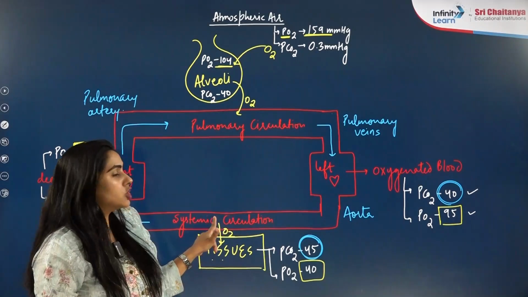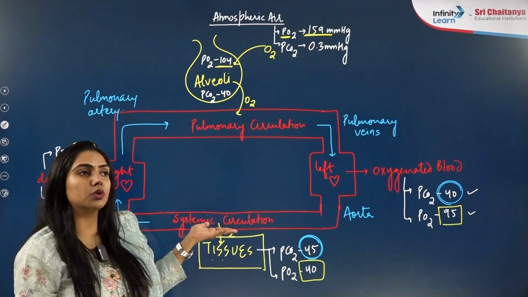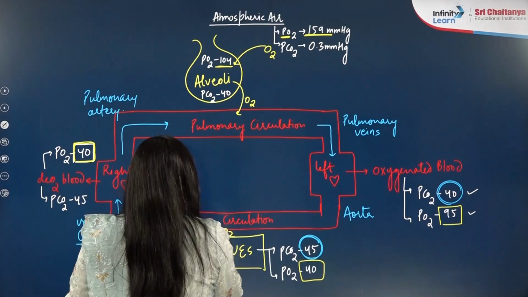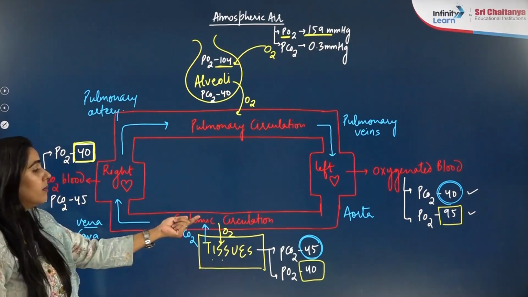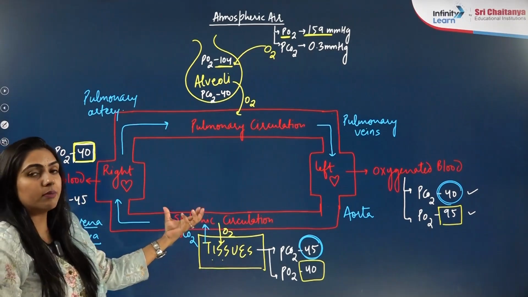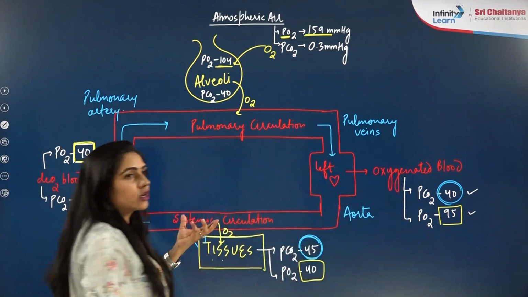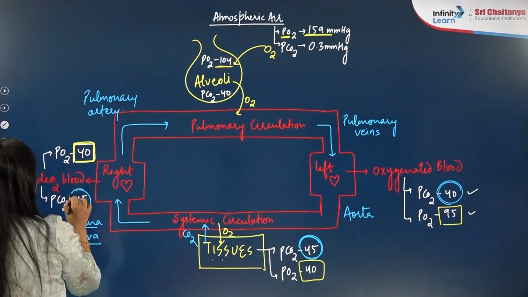In the oxygenated blood. So that means CO2 will diffuse from tissue to blood. Then this blood will become deoxygenated blood. That is why the partial pressure of CO2 is going to increase from 40 to 45.